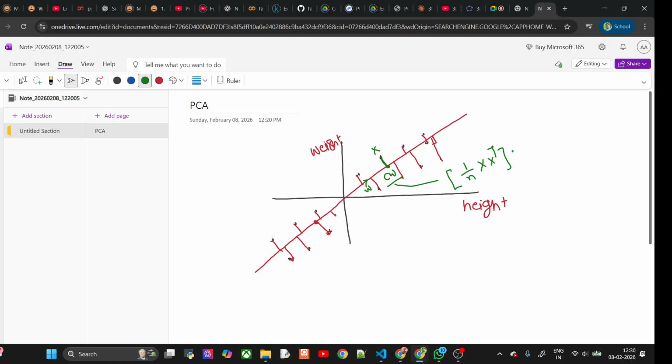This error here, for example, this point.